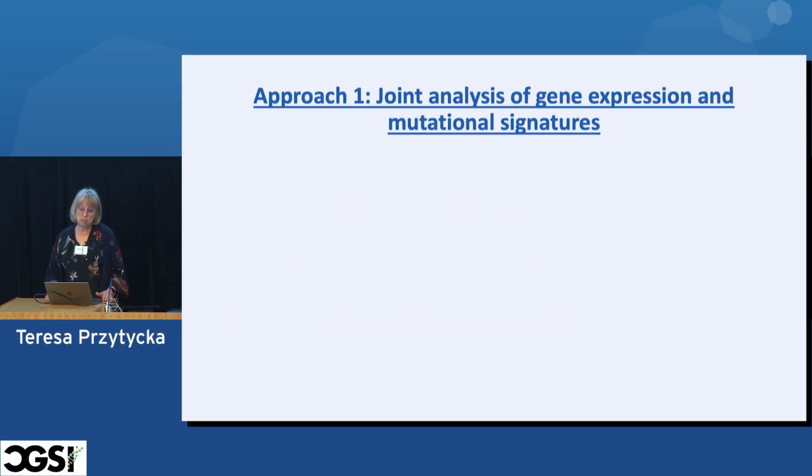Okay, so the first approach that you could naturally envision is that for many cancer patients, we have both mutation data as well as gene expression data. So we would expect that correlating exposure to a given mutational signature with gene expression can help us identify the genes whose expression is activated when a given signature is present.